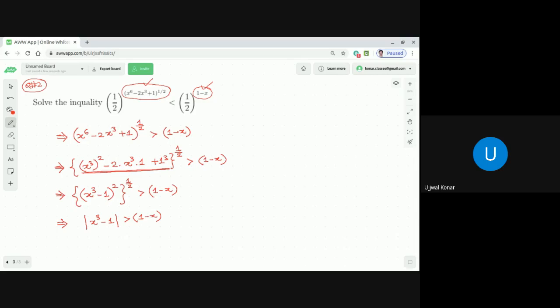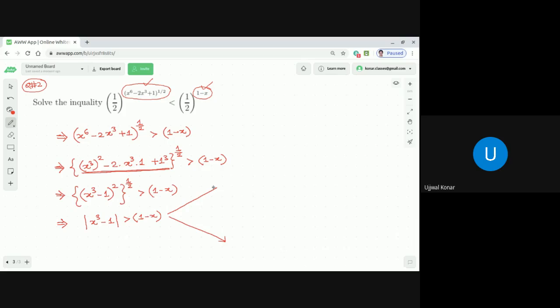So here the left member, mod of x cube minus 1, is non-negative. So 1 minus x less than 0 is automatically satisfied, right? Correct or not? Because 1 minus x is less than 0. So let's look into it. From here we can bring two cases.